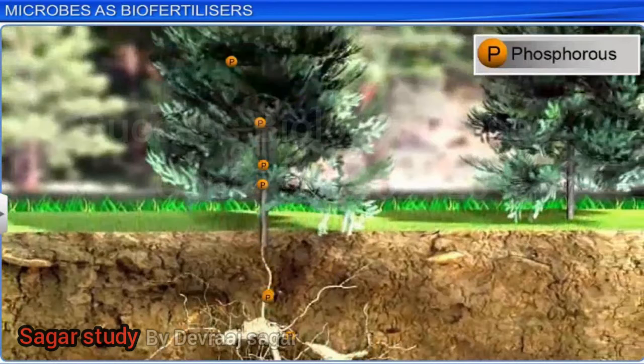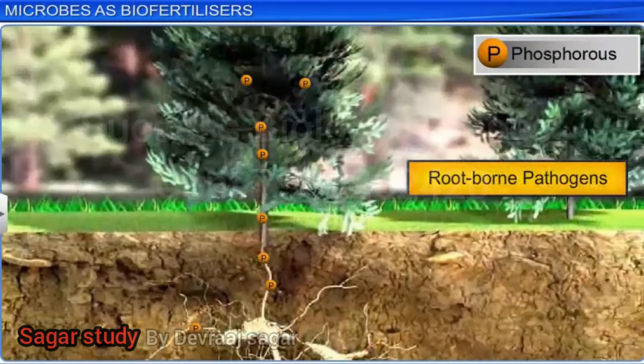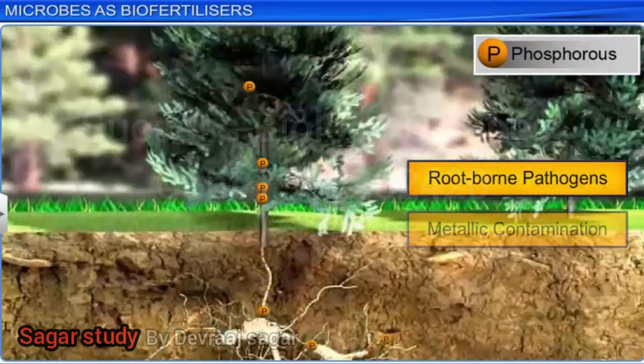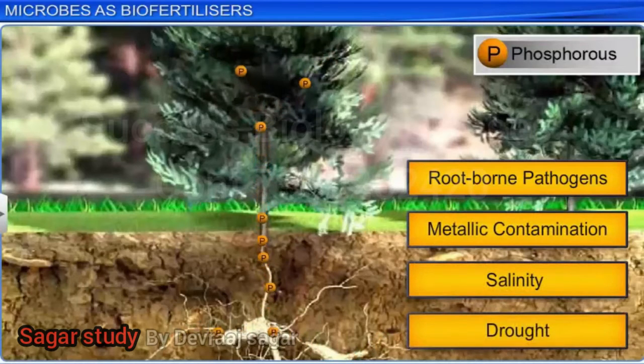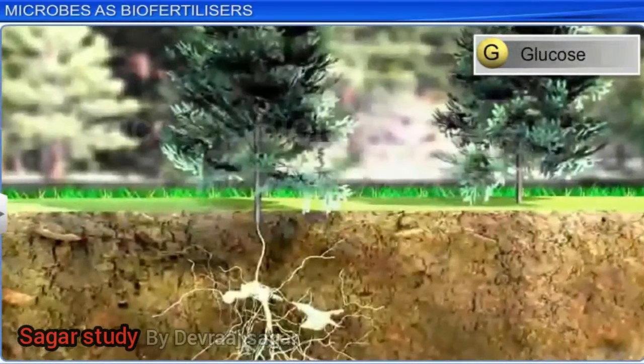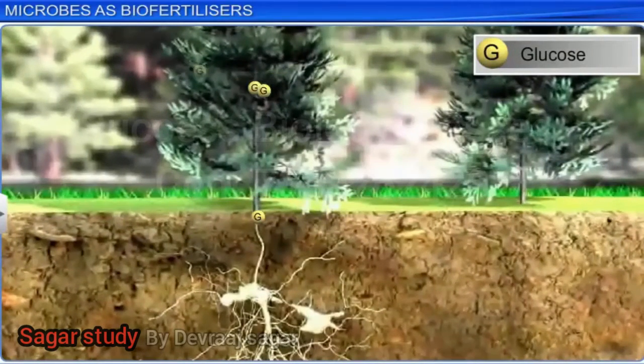In addition, these plants also show resistance to root-borne pathogens, metallic contamination, salinity, and drought. In return, fungi receive carbohydrates such as glucose from the plants.